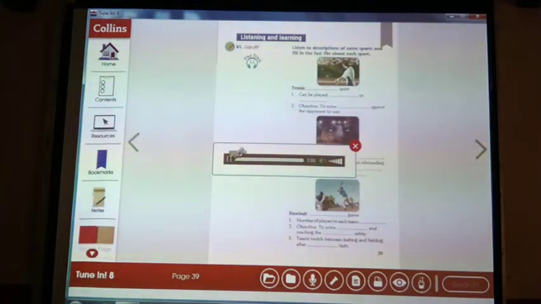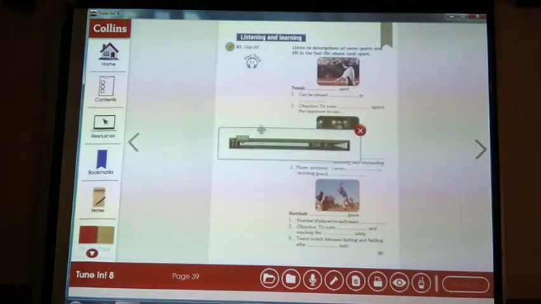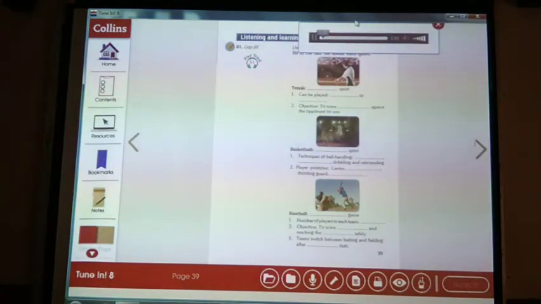Listen to descriptions of the sports and fill in the fact file about each sport. Tennis is a racket sport that can be played individually against a single opponent, singles, or between two teams of two players each, doubles.